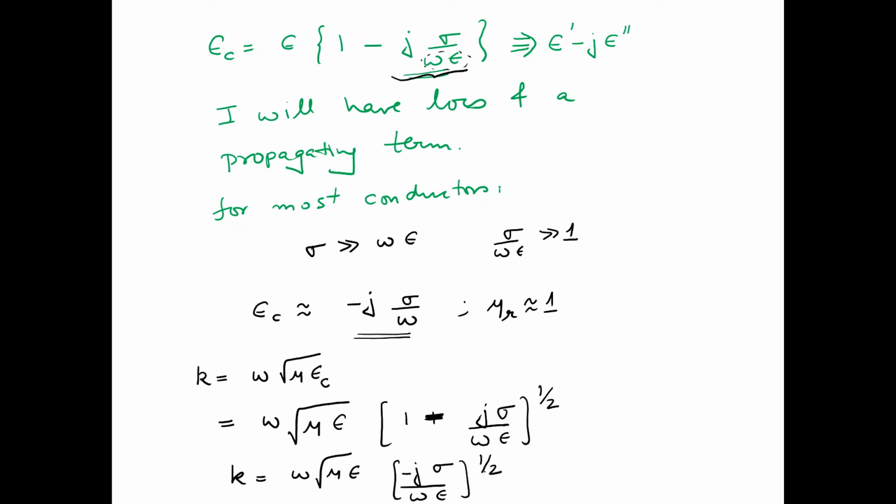If I take this k, my k now becomes omega, and the square root of omega. The epsilon will go away.